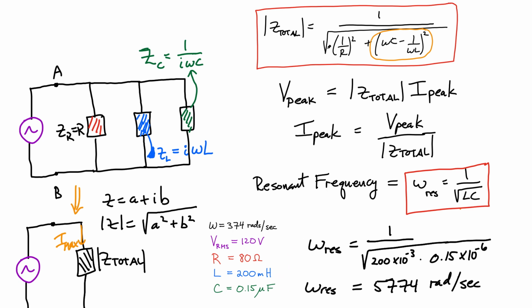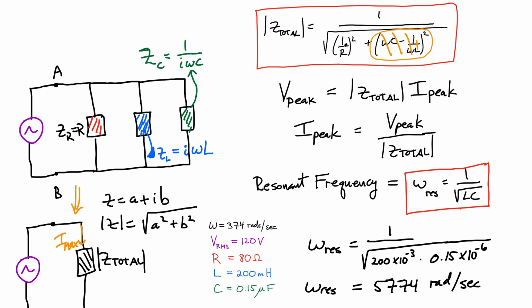Again, what happens over here at resonance? This whole term goes to 0, okay? So what am I doing to the impedance for that value? If you're at any other frequency, this term would contribute, which means you would be dividing by a bigger number. If you're dividing by a bigger number, you tend to make this impedance smaller.